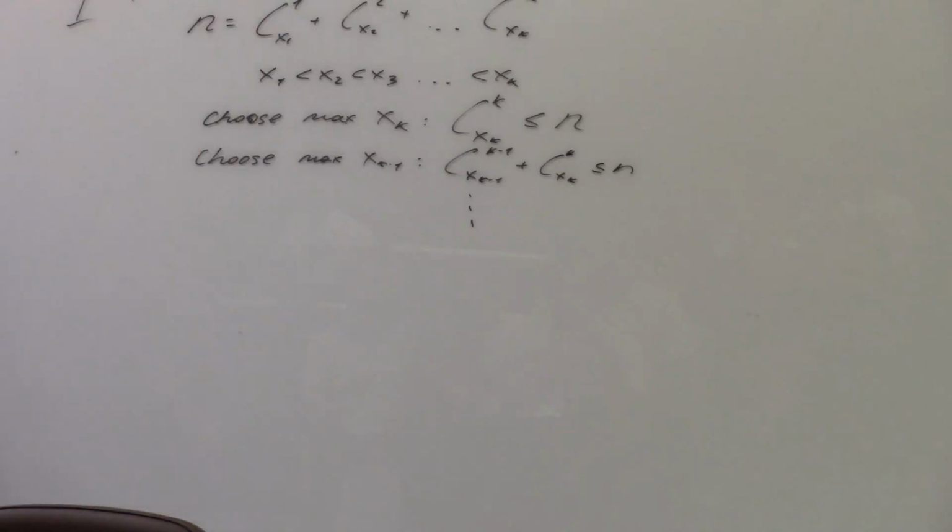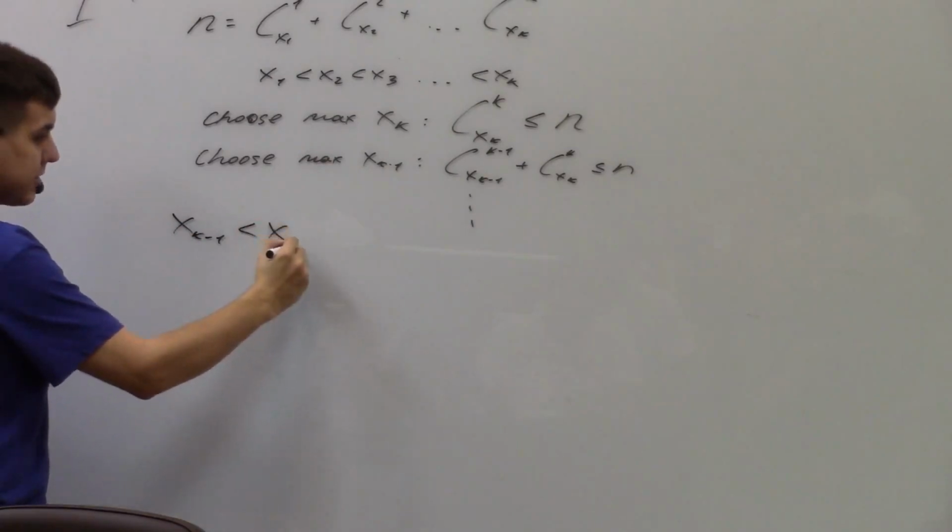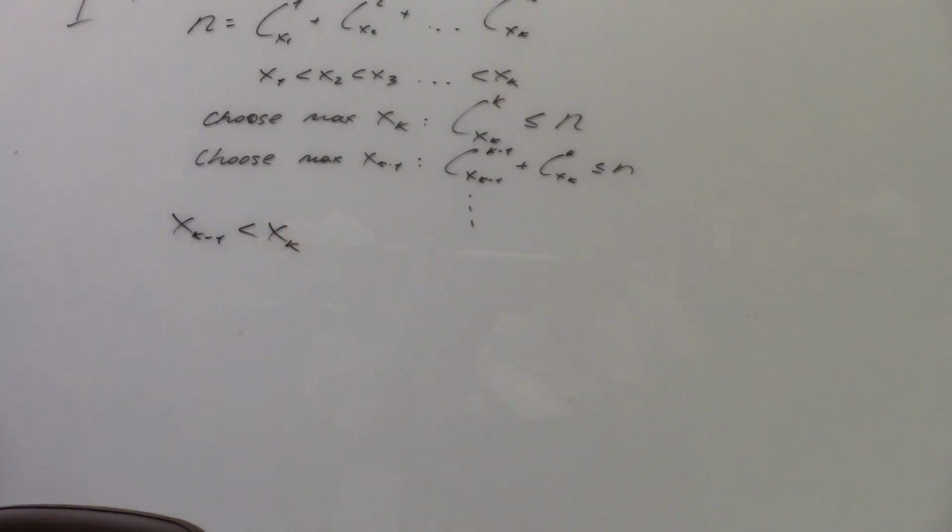So why does this work? Well, the only thing we have to check is that xk minus 1 is less than xk. And it turns out that this representation will be unique, since x1 choose 1 is just equal to x1.